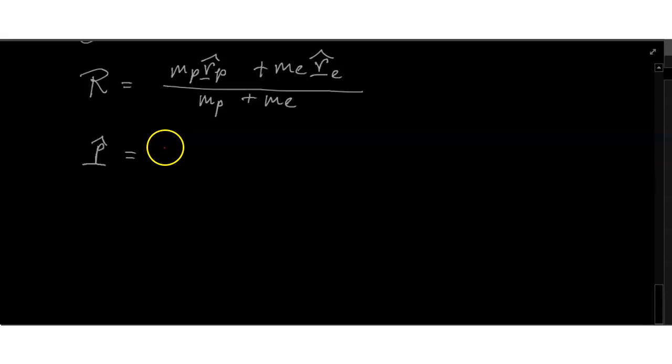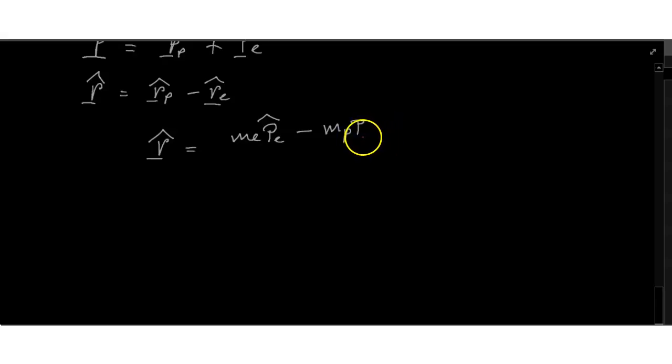Capital P is equal to pp plus pe, and small r is equal to re, sorry, rp minus re, the position of the proton minus the position of the electron. And small p equals me pp minus mp pe, the mass of the electron times the momentum of the proton minus the mass of the proton times the momentum of the electron, divided by the mass of the proton plus the mass of the electron.